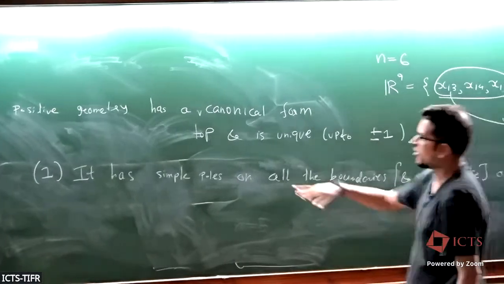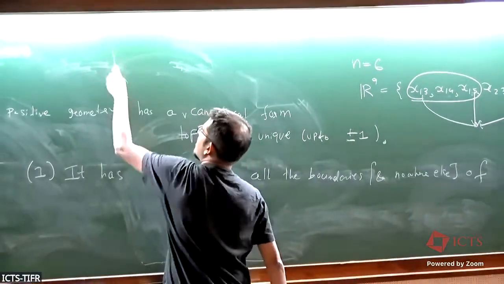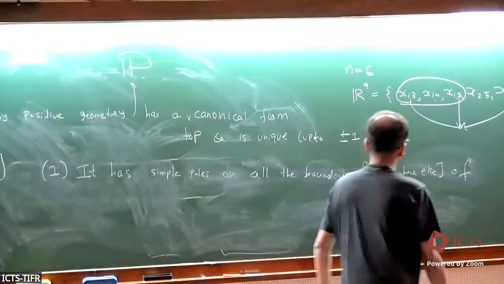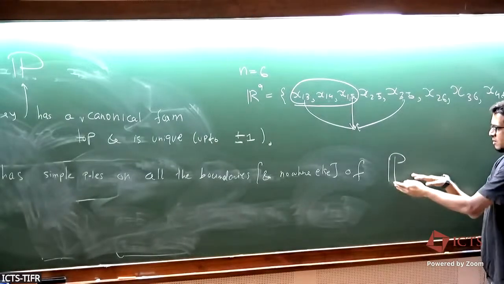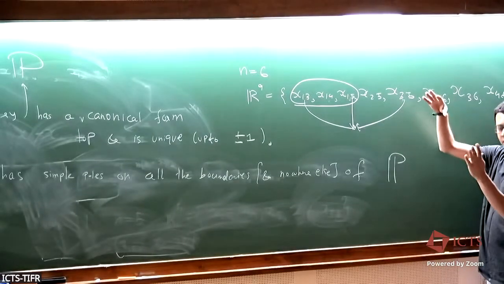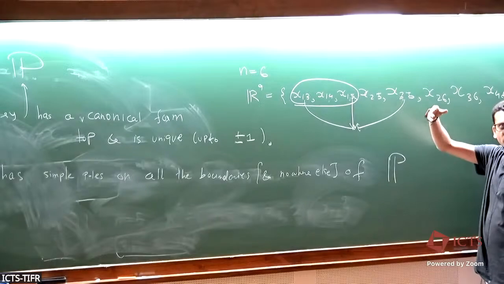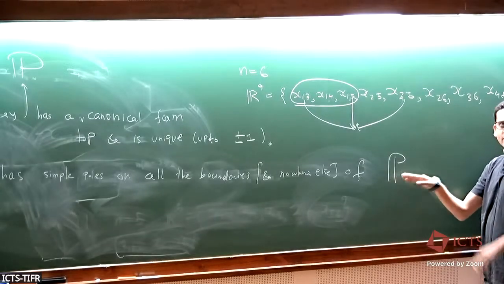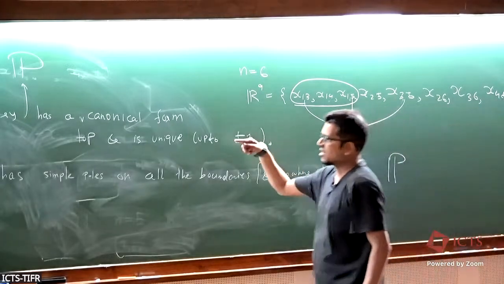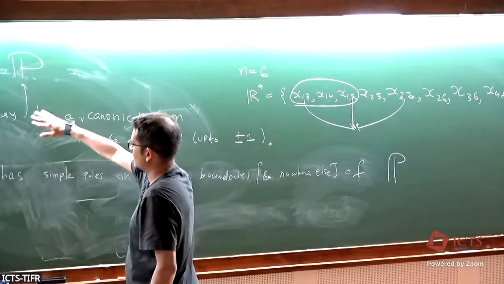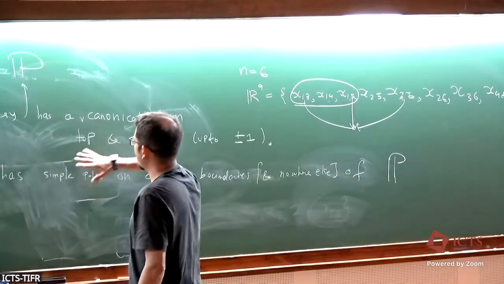Let me call the positive geometry P. So remember, P is some closed convex geometry which has boundary of all codimension, and you can just keep in mind the Associahedron, which is a linear polytope which has boundary of all codimension. So the fact that it's a positive geometry, you can use it to show that it has a unique top form.